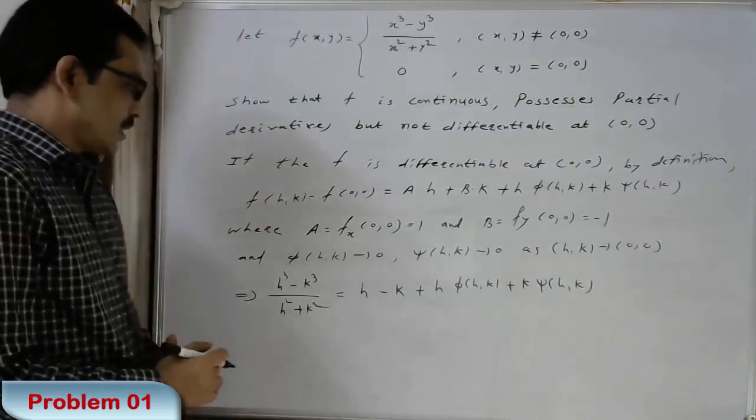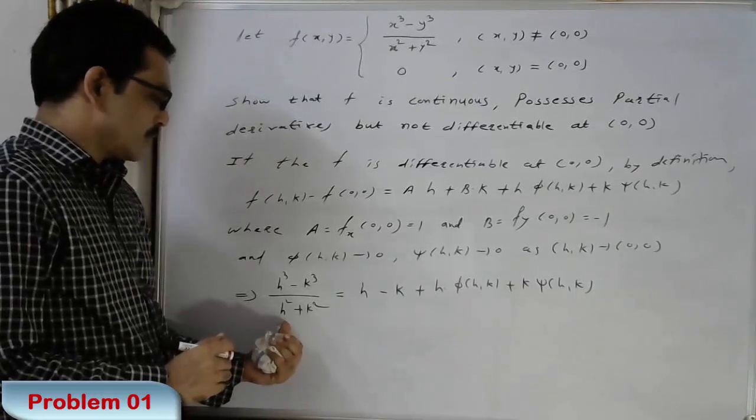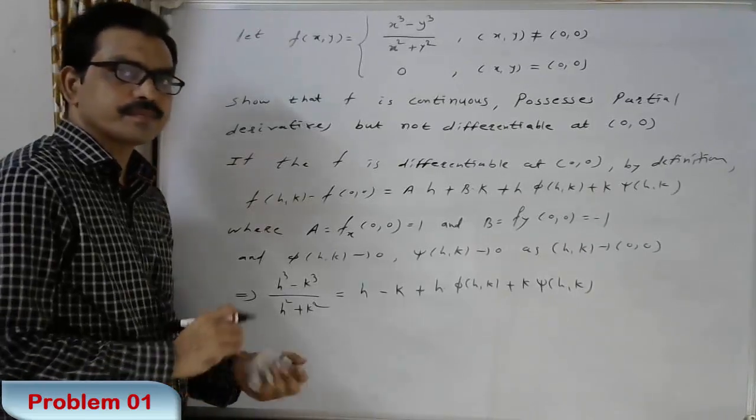Now we use the polar coordinate system. Put h is equal to r cos theta and k is equal to r sin theta.